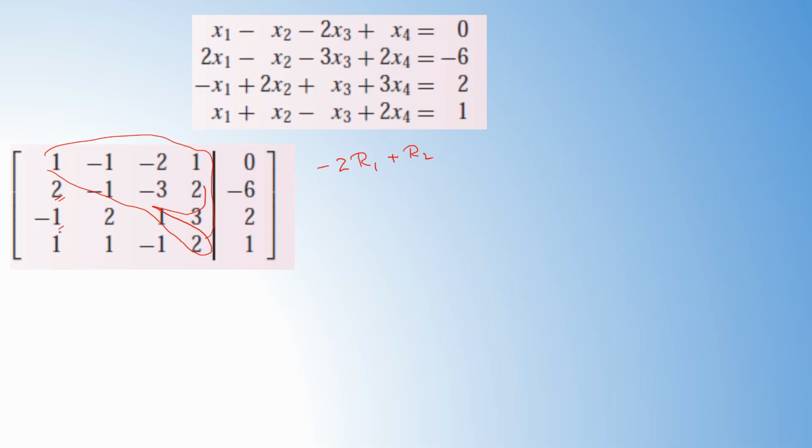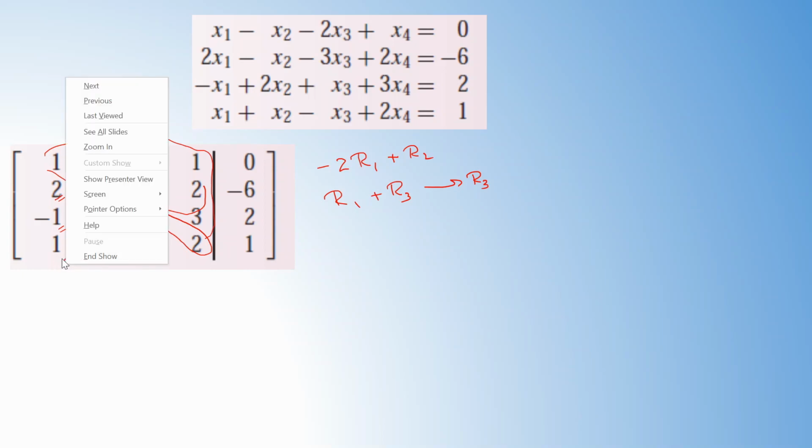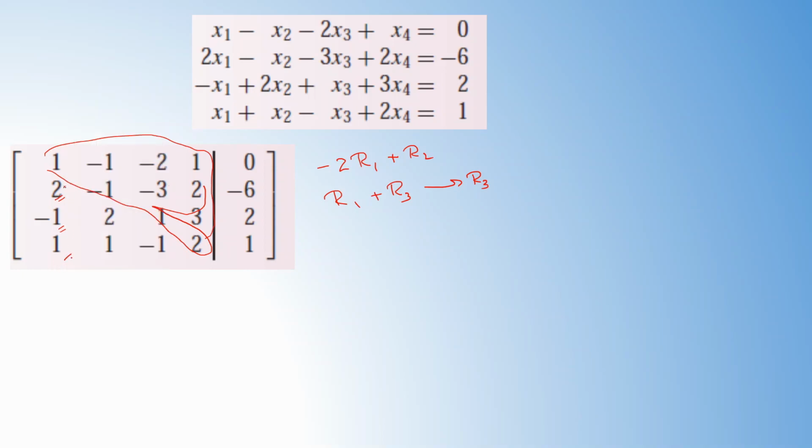To make this entry into 0, you can use 1 plus minus 1, so R1 plus R3 is the new R3. To make the fourth entry of the column 0, you can multiply the first row by minus 1 and add it to the fourth row. So minus R1 plus R4 is our new R4.